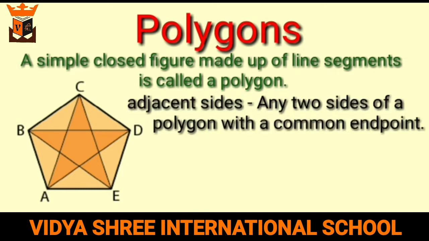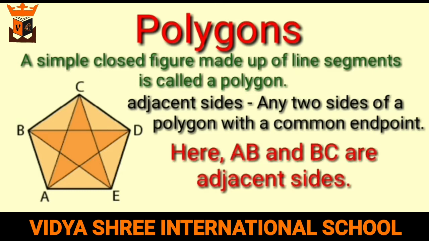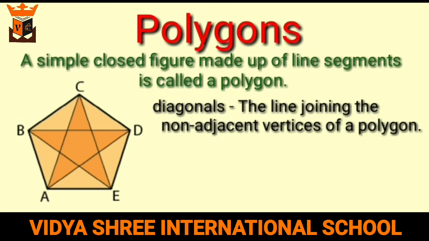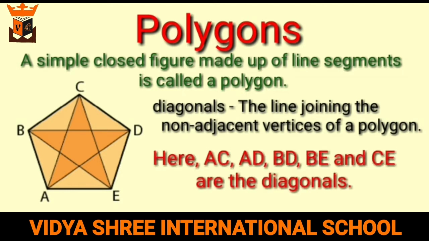Adjacent sides, any two sides of a polygon with a common endpoint, are known as adjacent sides. Here AB and BC are the adjacent sides. Diagonals, the line joining the non-adjacent vertices of a polygon is known as a diagonal. Here AC, AD, BD, BE and CE are the diagonals.